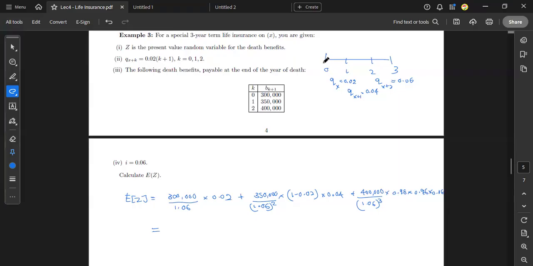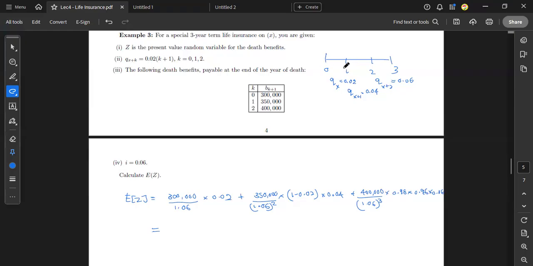The final case is if you survive the first year and the second year, then the death occurs in the next year, then the benefit is being paid at the end of the third year, bring it back by 3 years.